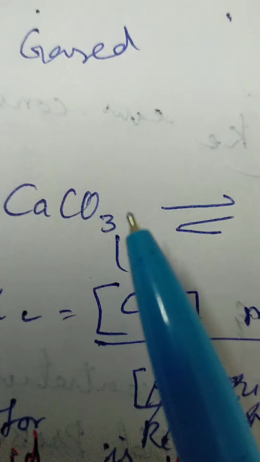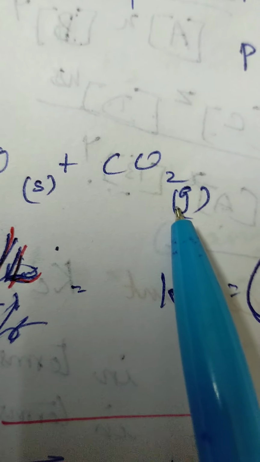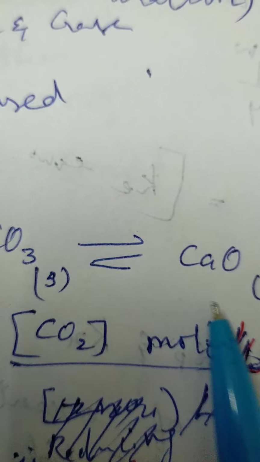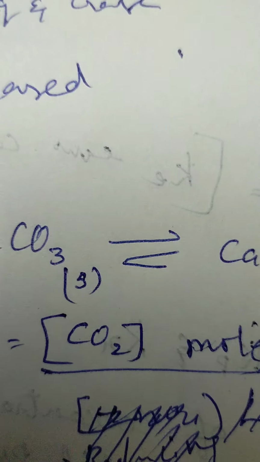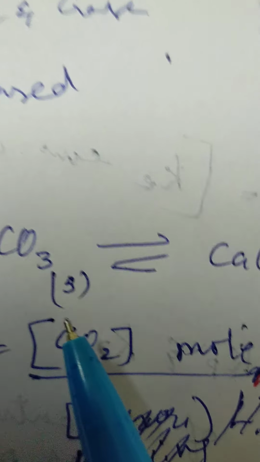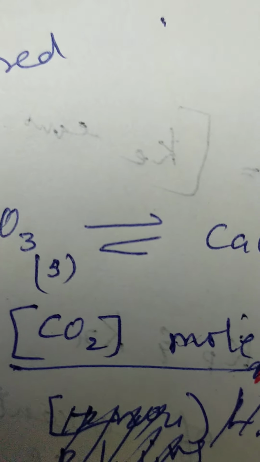Here the example is CaCO3 gives CaO plus CO2. CaCO3 and CaO are in solid state, CO2 is in gaseous state. For solids, Kc cannot be given because there is no change in concentration, so only gases are taken.